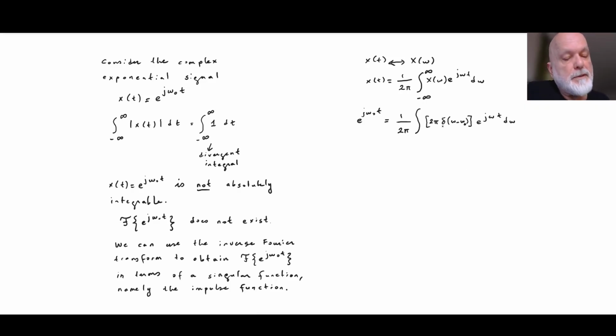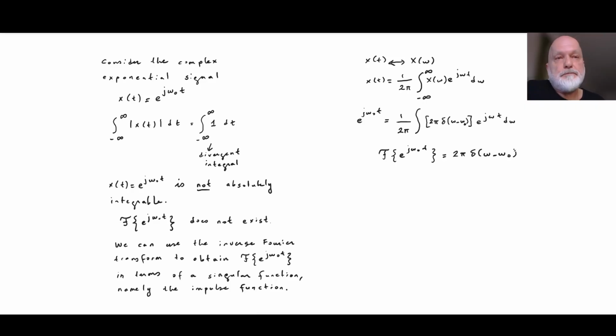And remember the sampling property of the impulse. Delta of omega minus omega 0 multiplied by e to j omega t and integrated with respect to omega will sample e to j omega t at omega equal to omega 0. Therefore, we have obtained the Fourier transform of e to j omega 0 t as 2 pi delta of omega minus omega 0.